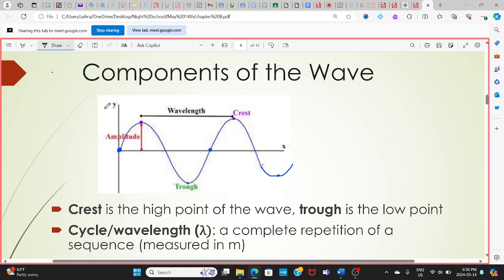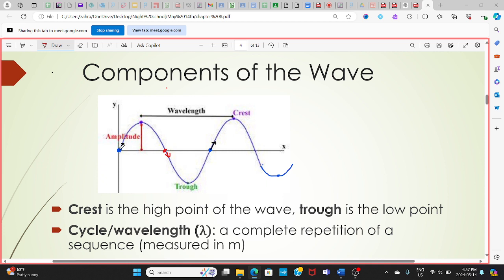How do I know they are the same point? At this point, the particle will move up, and here it moves up, right? That's why the behavior of the particle is going to be the same. Can I say that these two points are the same as this point? No. The reason is that if you follow this path, the particle here goes up, here the particle goes down.